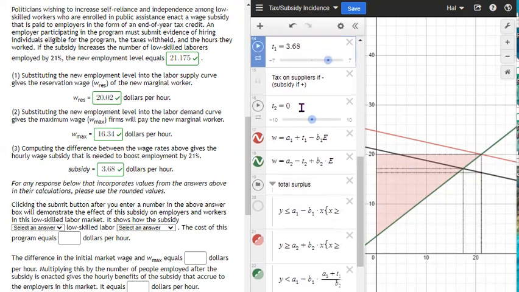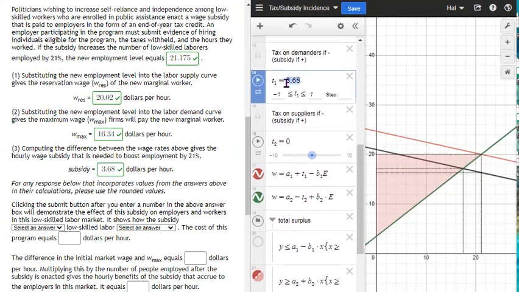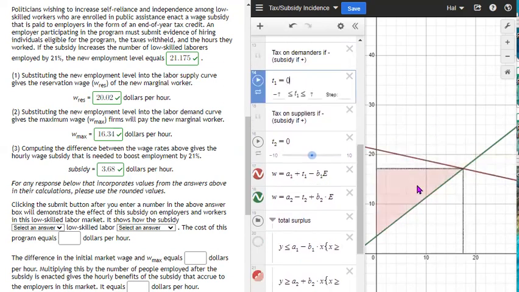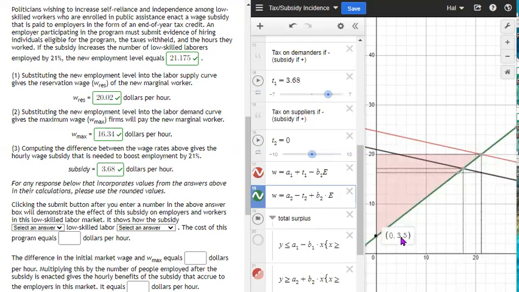So worker surplus increases, right? From this pink triangle to this pink triangle, right? Because each worker is being paid $20.02, correct? So this very first worker, right, hired, they've been willing to do the job for $3.50.